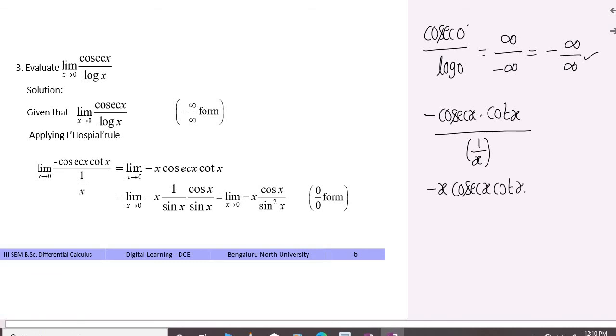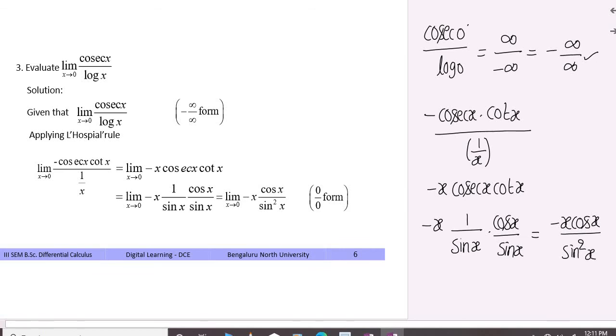Now we are going to change this in terms of sin and cos. Minus x into 1 by sin x. Cot x can be written as cos x by sin x. That means minus x into cos x divided by sin square x.